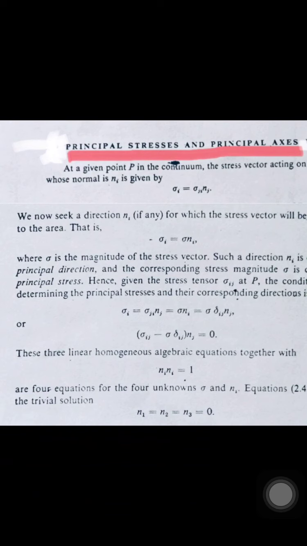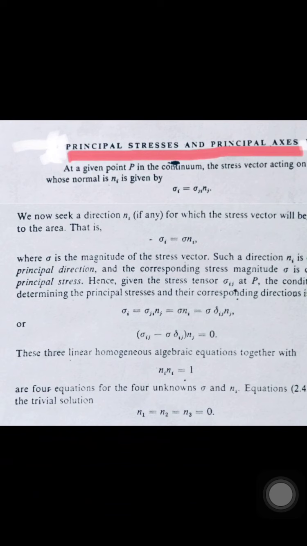Hence, given the stress tensor sigma_ij at P, the condition for determining the principal stresses and their corresponding directions is as follows. Now we want to derive how we get the principal directions and principal stresses.